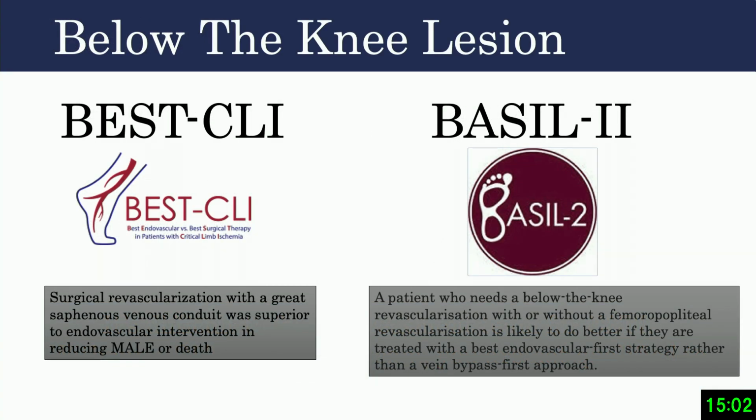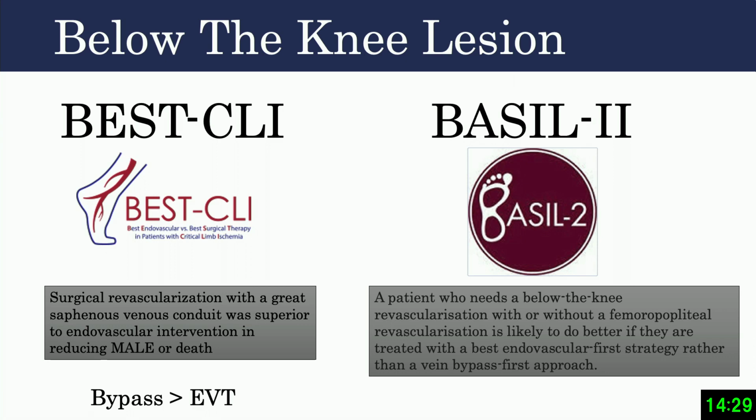So recently, 2 big articles were reported. One is BEST-CLI, and the other is BASIL-2. In these articles, when we try to revascularize the CLTI patient, in the BEST-CLI, the conclusion is that bypass therapy was superior to endovascular intervention in reducing MALE or death.